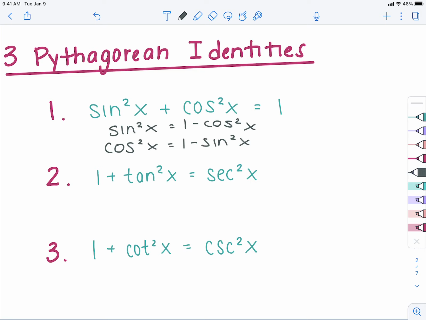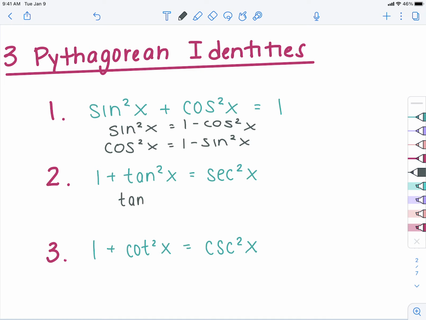So I would definitely make sure you had those written down, because those are not on that color-coded sheet, because the color-coded sheet expects that you know how to add and subtract things to other sides of equations and manipulate equations like that. I could do the same thing with number 2 and number 3, where I could get tangent all by itself by subtracting 1 on both sides.